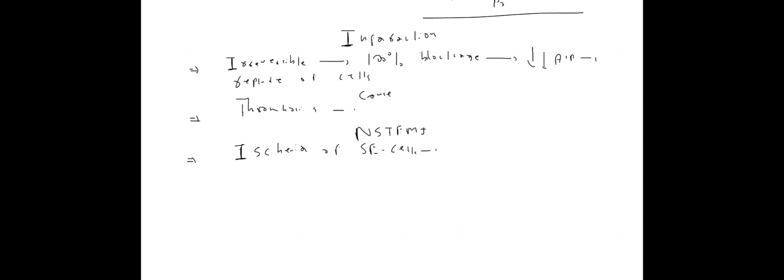So when you get subendocardial infarction, that's called non-ST elevation MI. In the ECG, you will get what? You will get ST depressions. ST depression means subendocardial ischemia. If I do the cardiac biomarkers here, will they be elevated or normal?